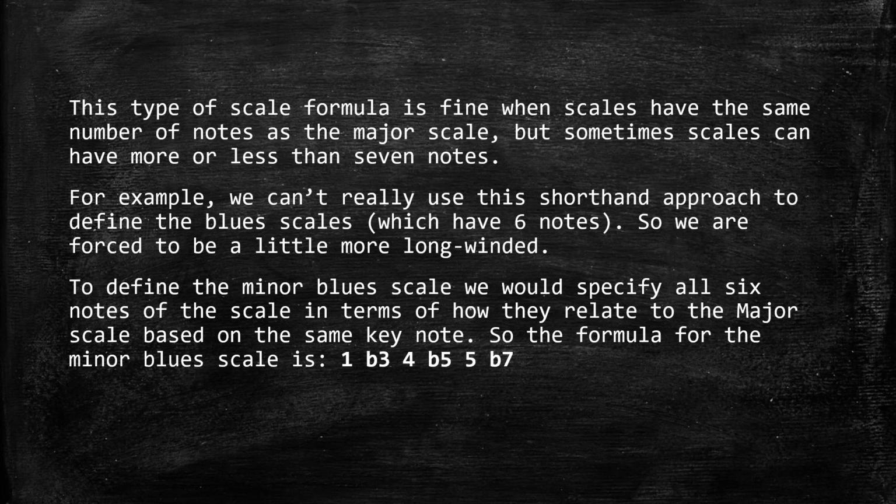To define the minor blues scale, we would specify all 6 notes of the scale in terms of how they relate to the major scale based on the same keynote. So the formula for the minor blues scale is 1 flat 3, 4 flat 5, 5 flat 7.